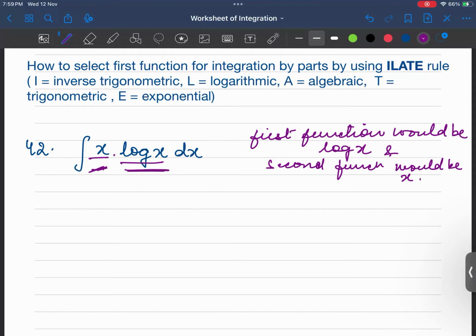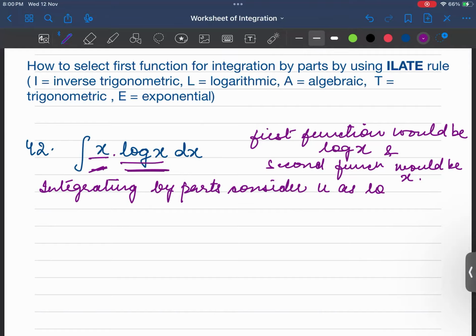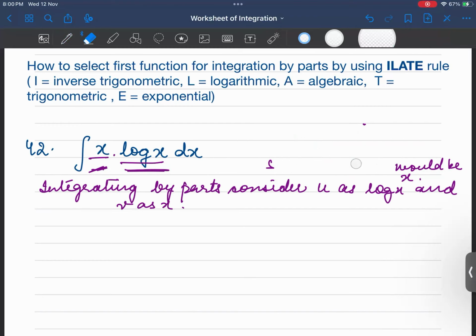Now, when we are integrating by parts, in the exam it is better to write this line: integrating by parts, consider u as log x and v as x. I think it's clear.